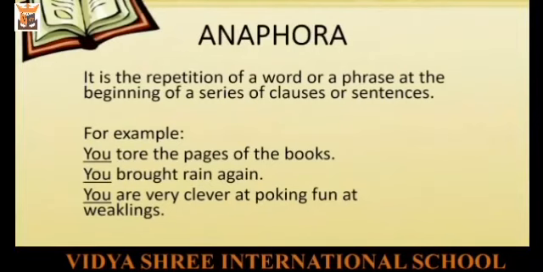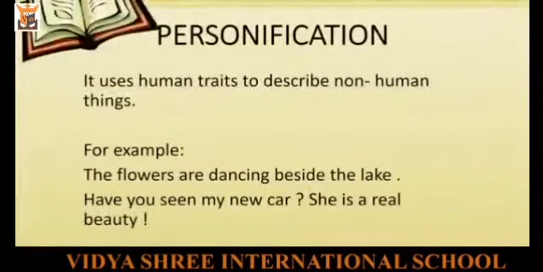Clear? Our next literary device is personification. Personification is used when a human trait is used to describe a non-human thing. For example, the flowers are dancing beside the lake.